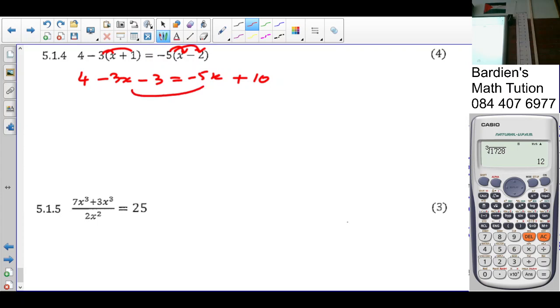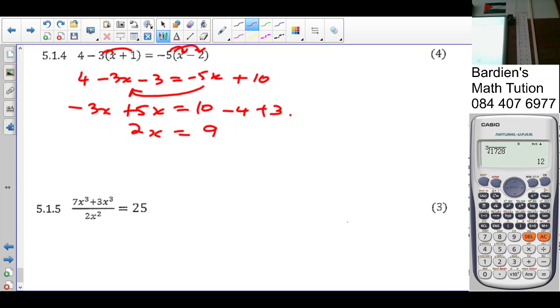Well, numbers one side, x is the other side. So it's going to be negative 3x plus 5x. You all agree with that? Yes. Equals 10 minus 4 plus 3. Now what? What is negative 3 plus 5? Positive 2. So negative 3x plus 5x is positive 2x equals 10 minus 4. 6. 6 plus 3? 9.